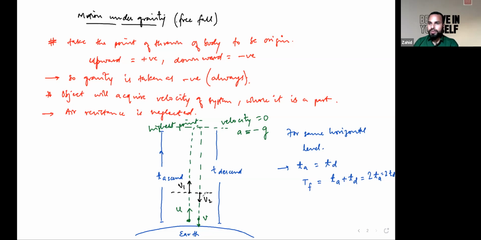They may be in opposite direction due to which they have different sign, but still their magnitude should be equal. So for same horizontal level, velocity 1 in magnitude and velocity 2 in magnitude should be equal. Is it clear till this part?